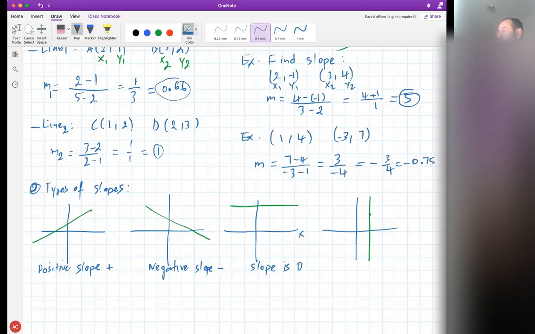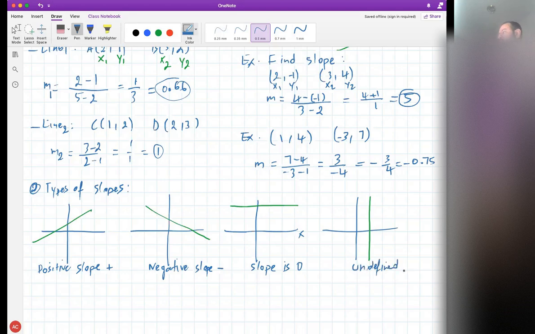And for this one, it's a vertical line. That's as steep as you can get, the highest steepness. In that case, there's no slope here. It's not a treadmill, you can't run on a treadmill like that. A better term is that the slope is undefined.